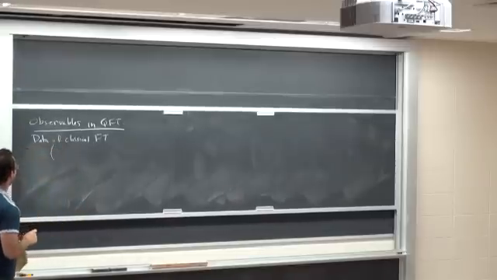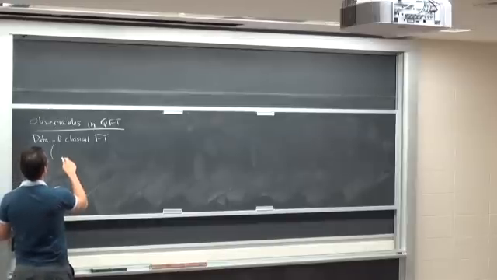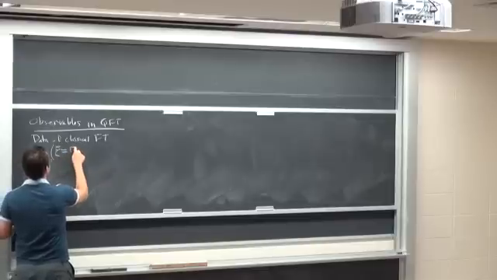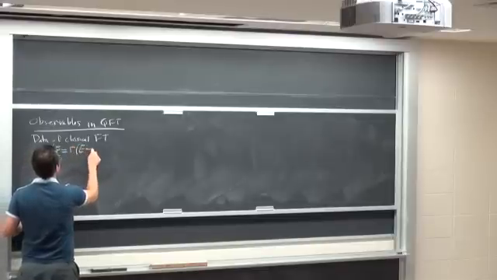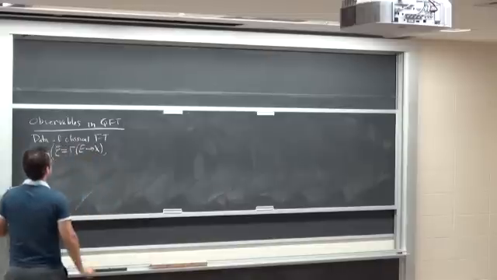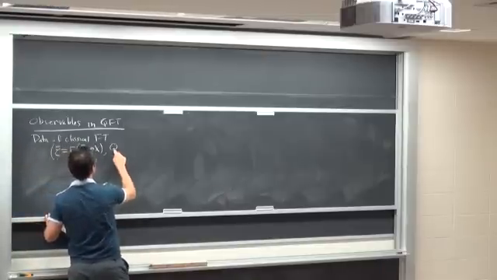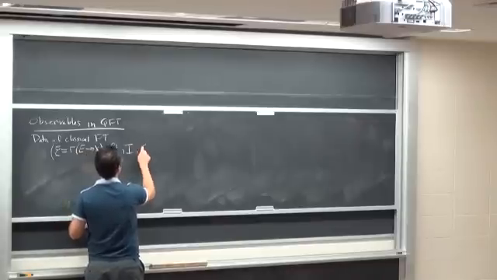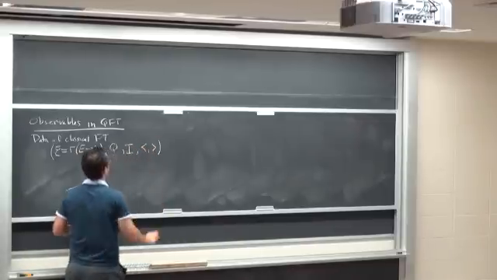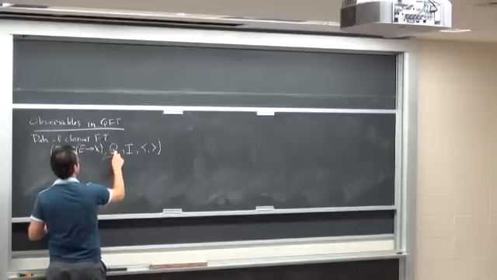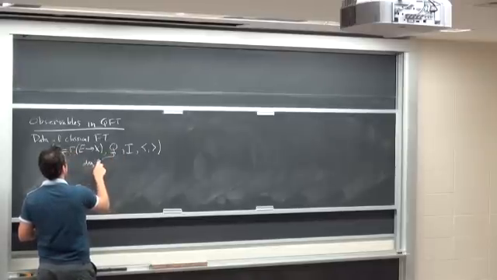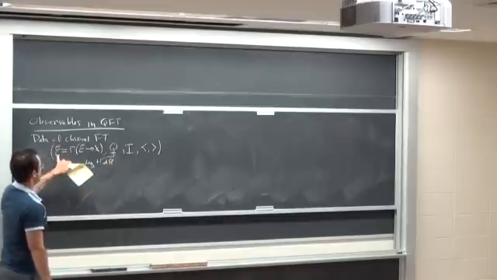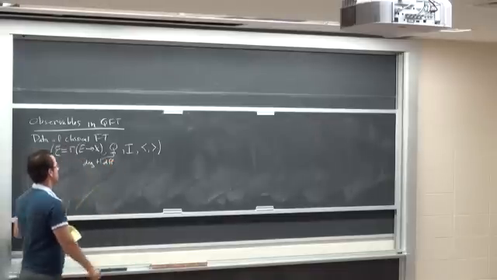So what Kevin called L, I call script E. So this would be sections of some vector bundle. OK? I have a degree 1 differential, an interaction term, and this invariant pairing. So this is a degree +1 differential. This is typically a Z-graded vector bundle.